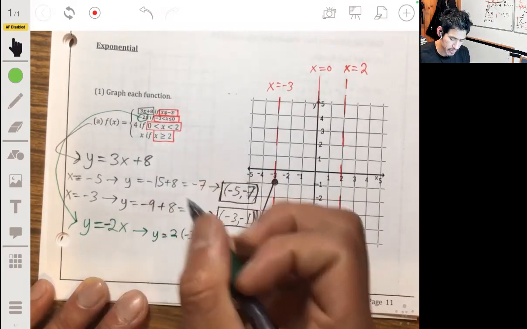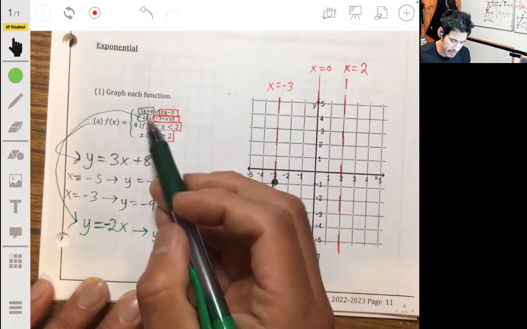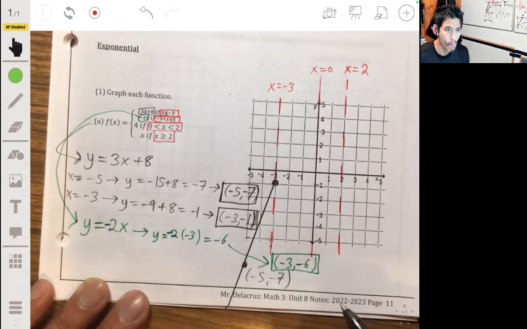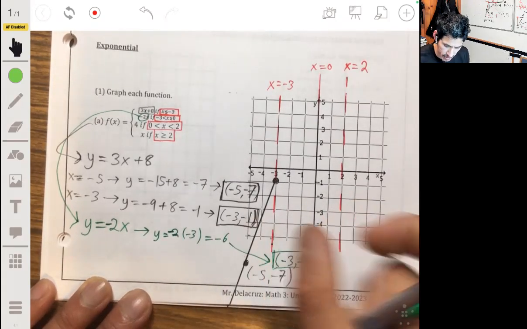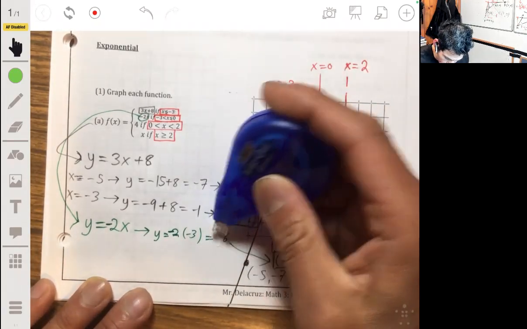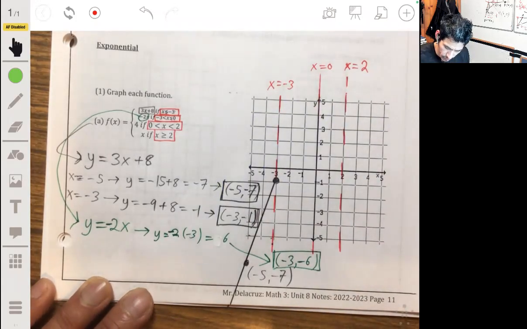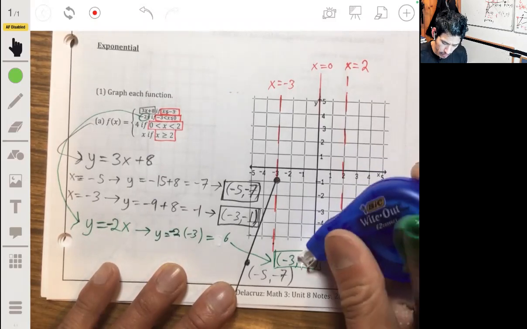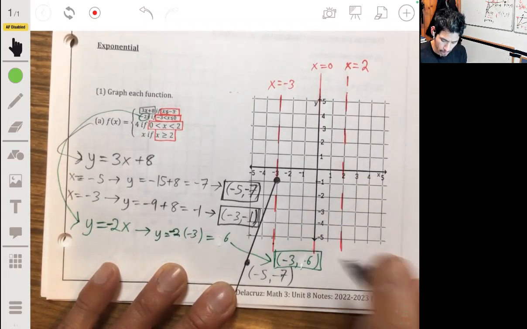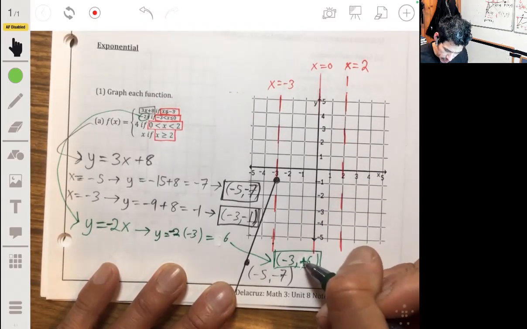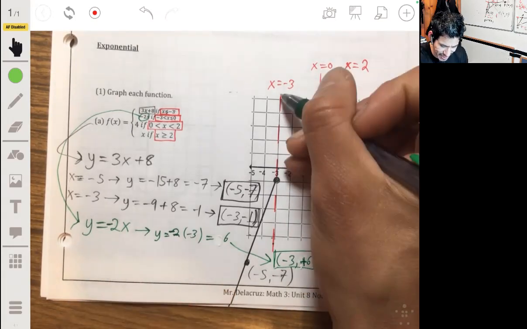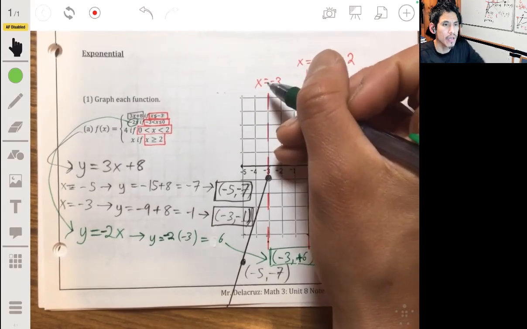Good thing I'm paying attention finally. Because it's -2 times x, so -2 times -3, I'll give you +6. And what do you know? I have a whiteout right there. Oof. Not a problem. +6 if you want to see it. So -3, +6 up here.